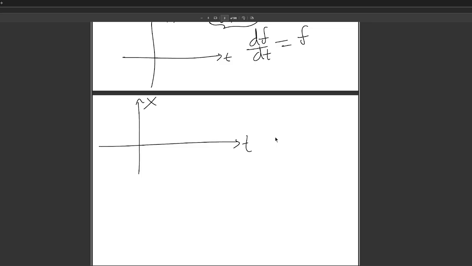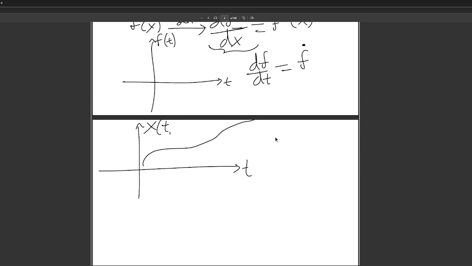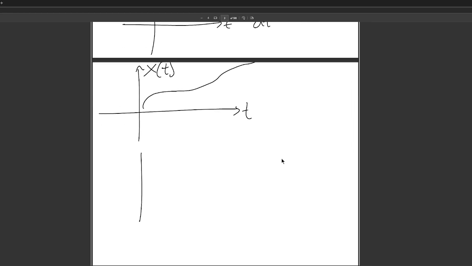Let's say the position is going something like this. If I take the derivative of this graph, x of t, what does that actually represent? The velocity. Yes. So v of t equals x prime of t, or you can say x dot.